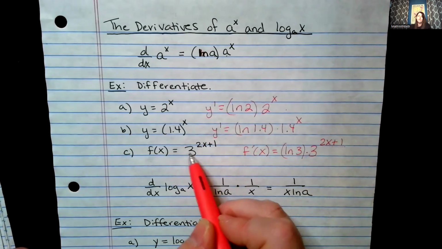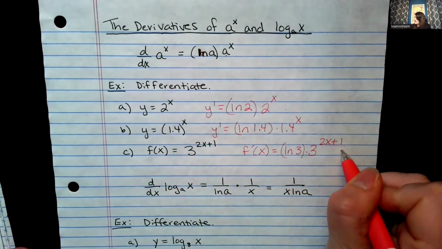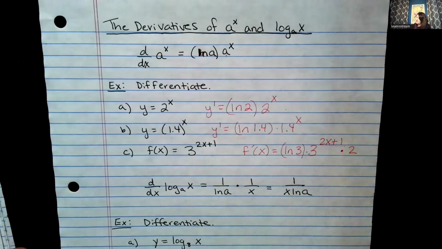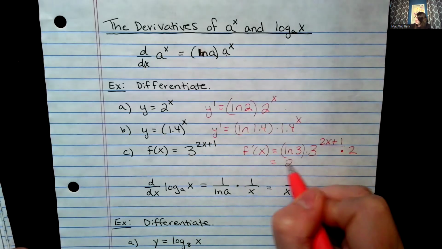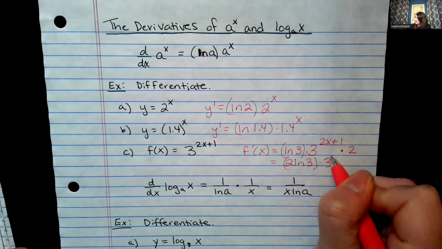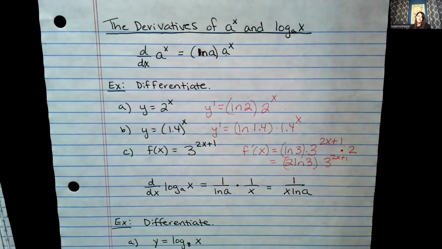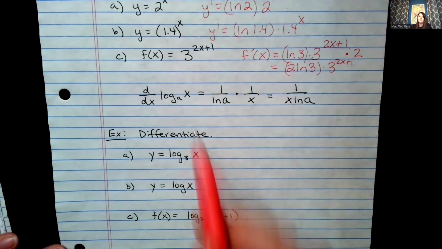So first I handle the main idea, 3 to a power, which I just did, but then times the derivative of that, which would be 2. So you could make this a little nicer and put all of this together times 3 to the 2x plus 1. That's it.